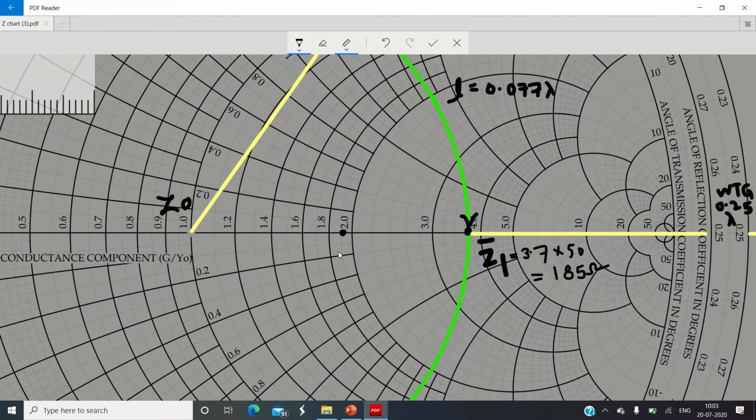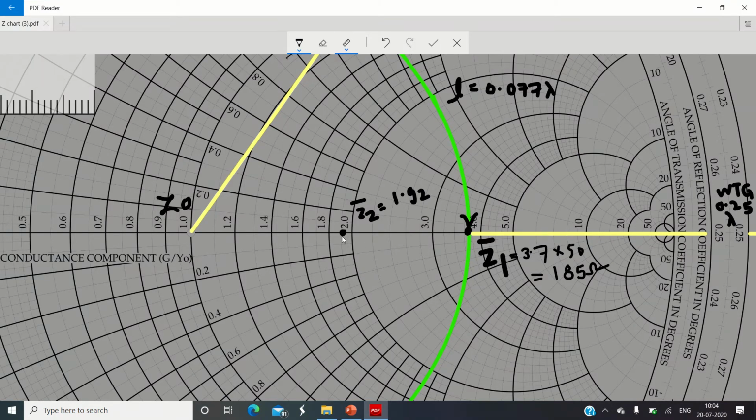This particular point is Z2 bar, and the value of Z2 bar is 1.92. This is a normalized value.